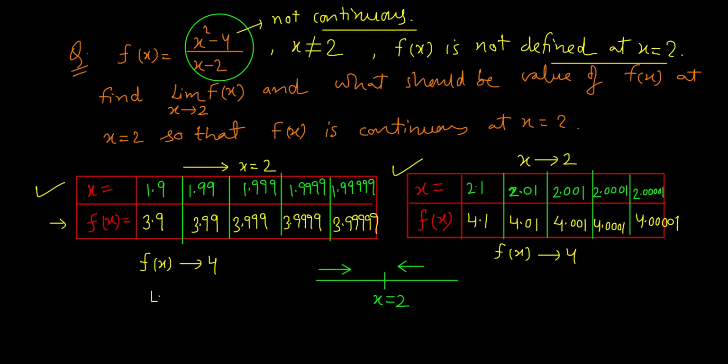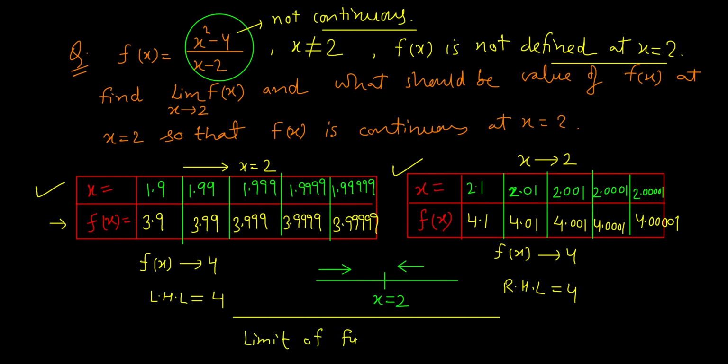So the left hand side table implies that the left hand limit of the function is 4, and the right hand side table implies that the right hand limit of the function is also 4, and you see that both limits are equal. So you will say that the limit of f(x) at x equal to 2 is equal to 4.